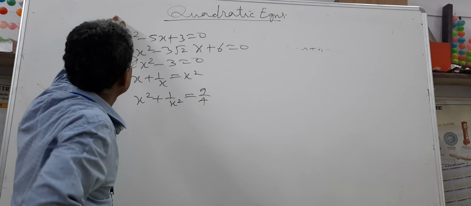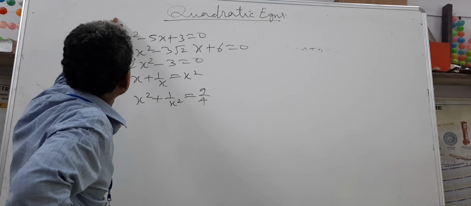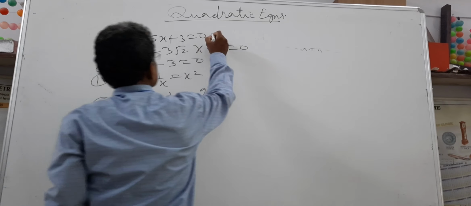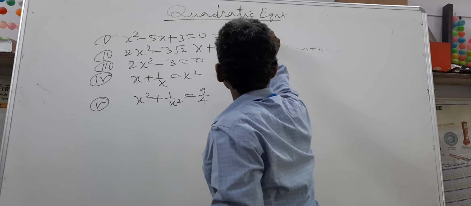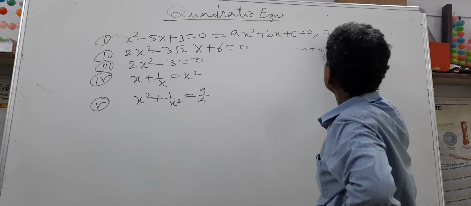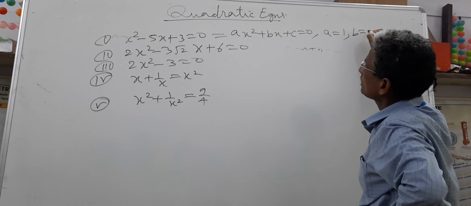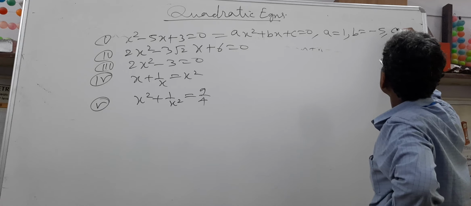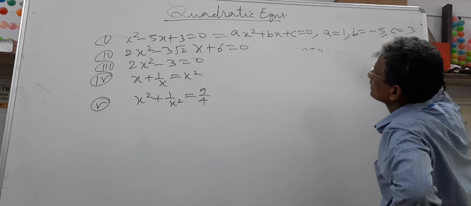The first is clearly a quadratic equation. It resembles ax square plus bx plus c equal to 0, where a equal to 1, b equal to minus 5, c equal to 3.